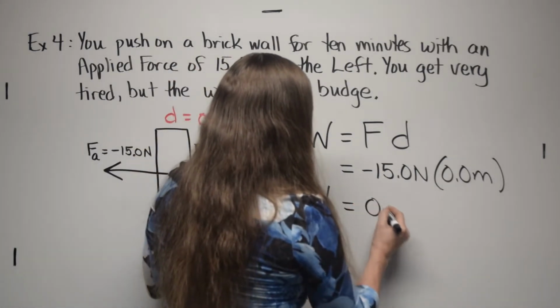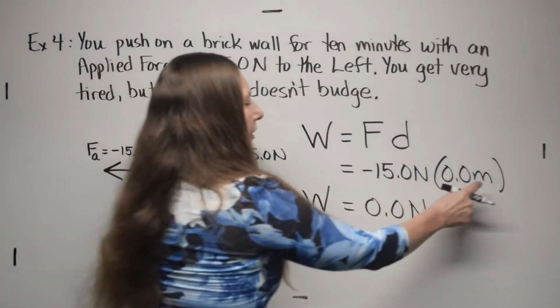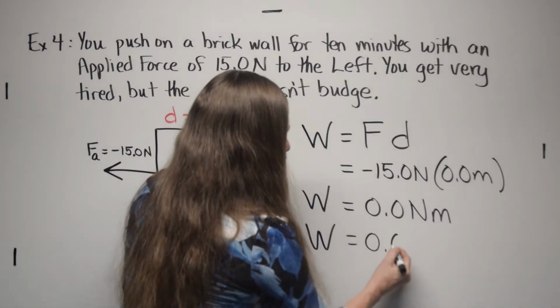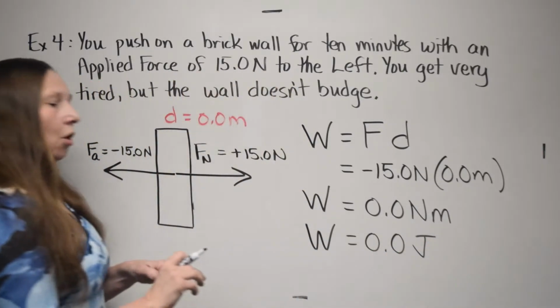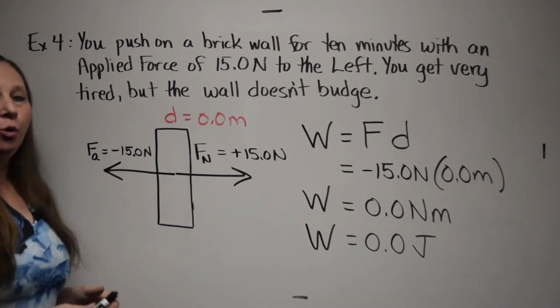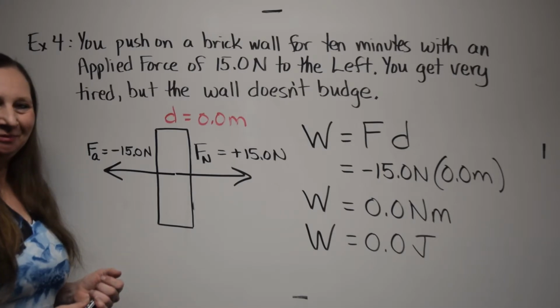So you are doing 0 Newton meters of work, or 0 joules of work on the wall. All right, this applied force is not doing work on the wall because the wall isn't moving.